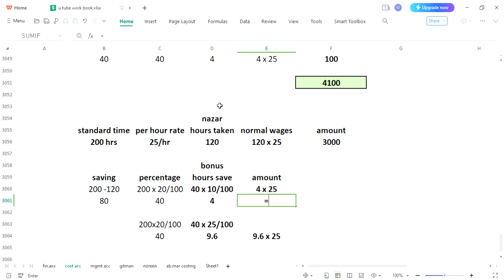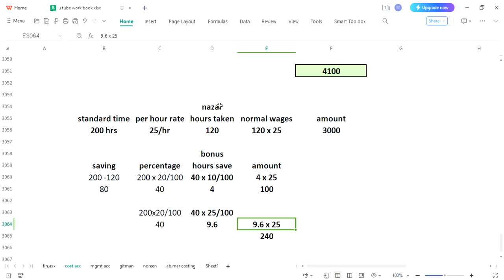Calculate the first amount, 4 into 25, and the second amount is 9.6 multiplied by 25. This is your second amount which we have calculated.